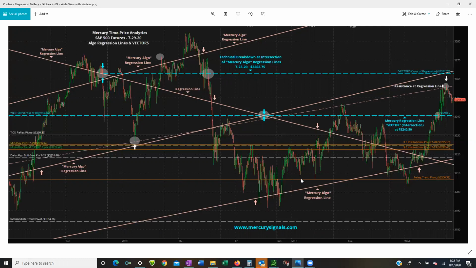And there are other times where price will fight over it, like it did here. Like it did here. And then eventually release. So when you see price fighting over these regression lines and it releases, whatever direction it releases, you'll typically get a strong move.